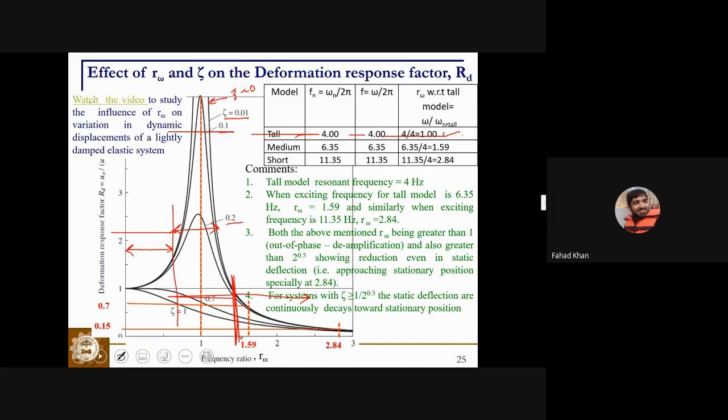But when the medium structure is vibrating at resonance condition, you will see that its frequency is 6.35 hertz. The forcing frequency is 6.35 hertz, but as compared to the tall structure, the frequency ratio between the tall structure and the medium structure is going to be 1.59.